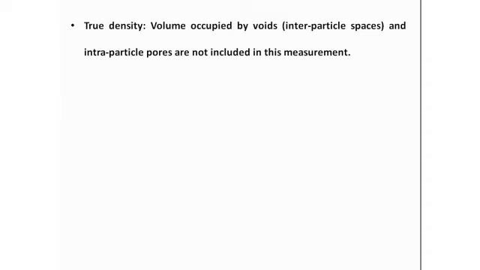In the determination of the true density, we consider the volume occupied by the voids, that is the interparticle spaces, but we don't include the intraparticle pores in this measurement of the true density. Clear? So interparticle space will be determined for determining the true density.